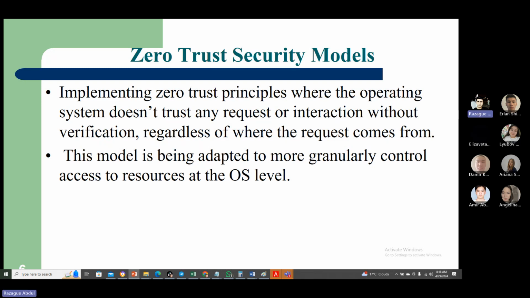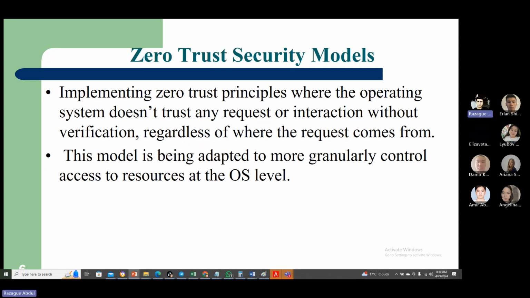This model operates under the principle that trust should never be assumed, regardless of the origin or nature of network traffic. By implementing zero trust principles, operating systems are configured to scrutinize every request and interaction, ensuring that every access attempt is explicitly verified before permission is granted.